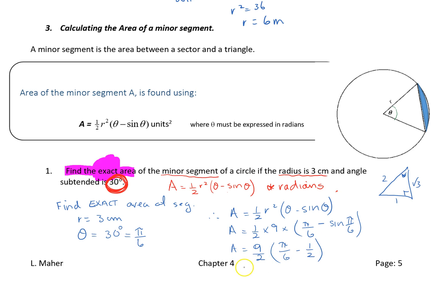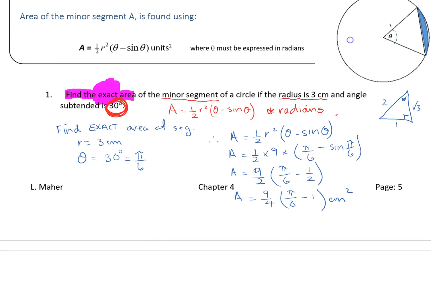What could we do? We could take out another half, and now we'll have 9 on 4 times pi on 3 minus 1. I think I could just leave it like that. What are the units? Centimetres squared.